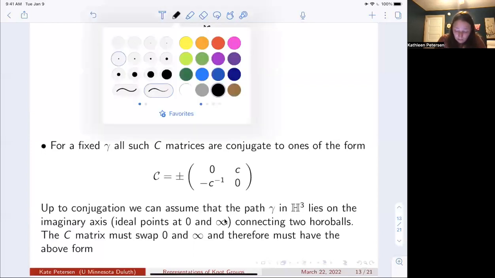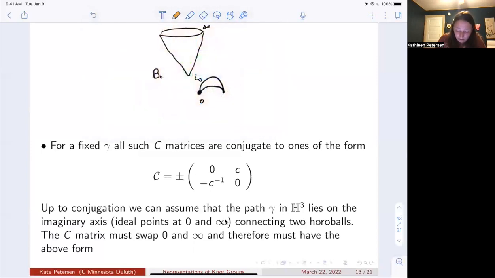So that would look like something like this. That would be the lift of my favorite type of gamma.